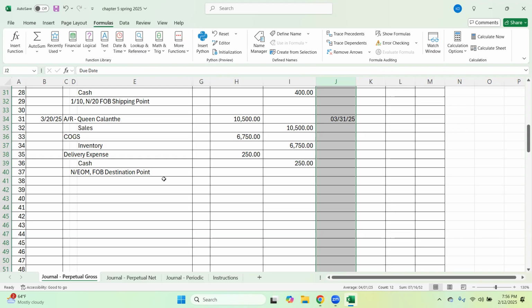FOB destination point means that merchandise belongs to the seller until it gets to the buyer's place of business. So if it was FOB destination, all that merchandise in those trucks that flipped, it's the seller's responsibility to apply for insurance and whatnot to recoup the cost of that lost merchandise.